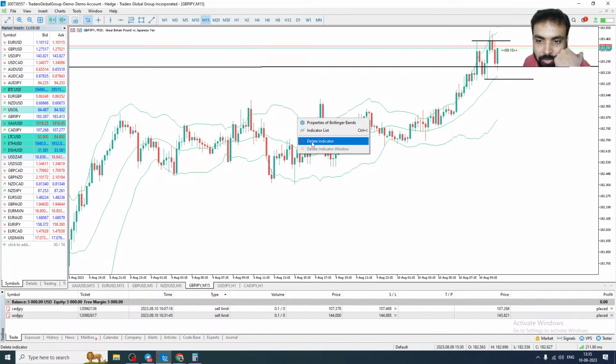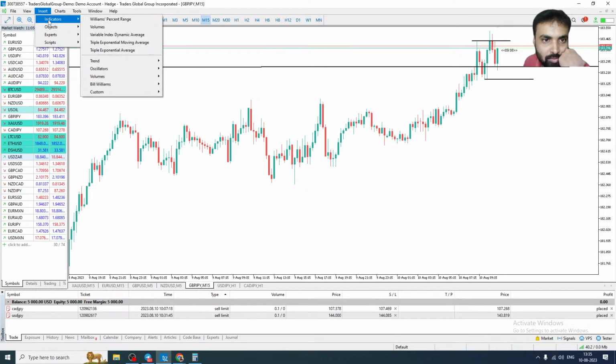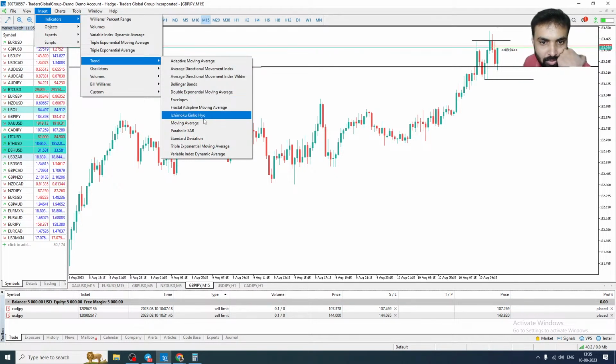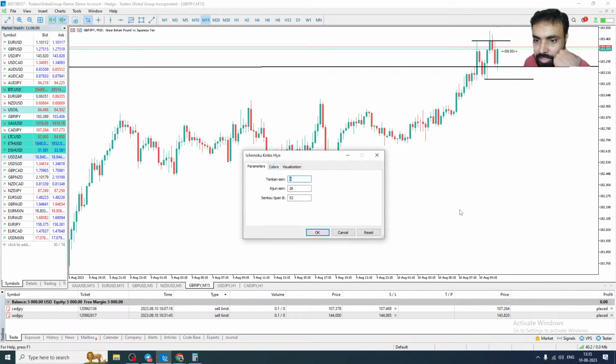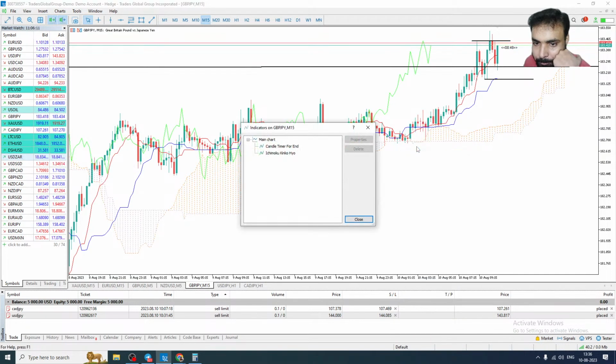Yeah, there is one more indicator, the Ichimoku. Where is that? Ichimoku Kinko Hyo. Some Japanese indicator. If you put this, it is like a disaster on your chart. But just go to the settings of that indicator.